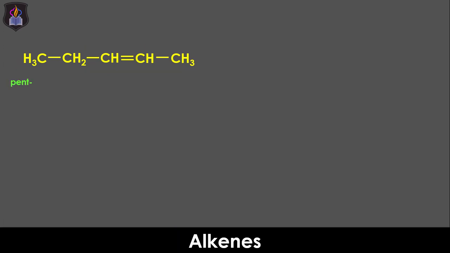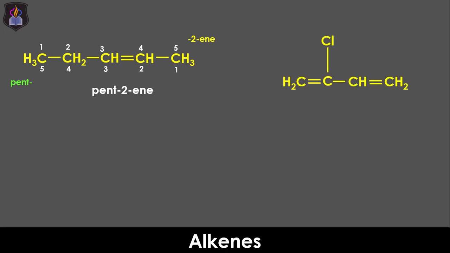The numbering of the chain must be from right to left because this direction assigns the lower positional number 2 to the first carbon bearing the functional group. So the suffix of the compound will be 2-ene. Combining the root and suffix, the compound is named pent-2-ene.